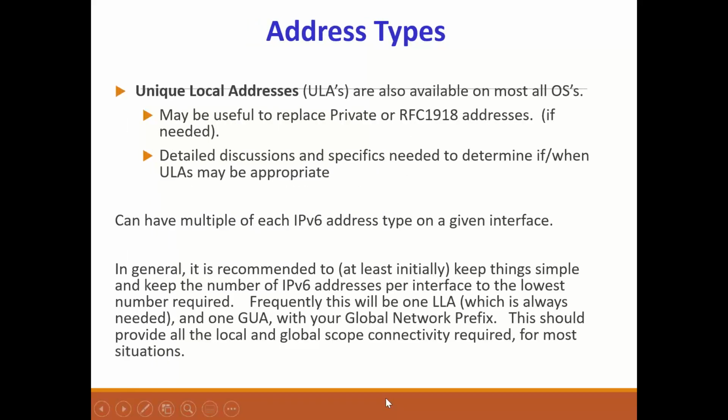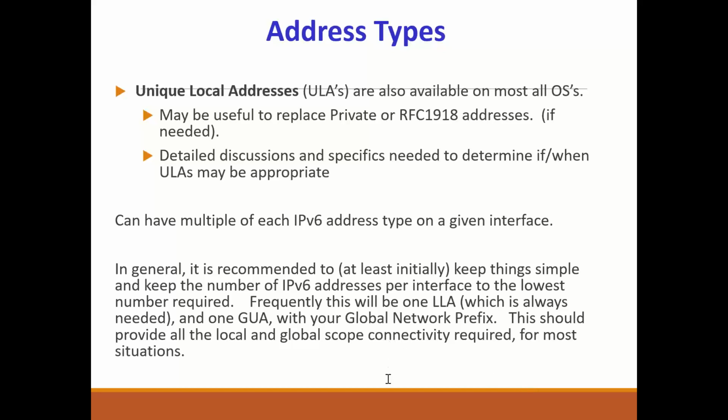We have one more address type, I think, and that's ULAs. ULAs are sort of the equivalent of the private address. They're a little bit different, but they're a way in IPv6 to deal with that type of situation if you have that type of requirement.